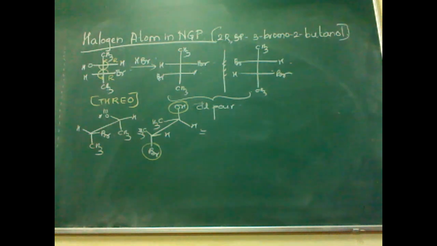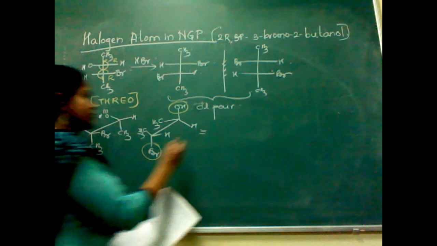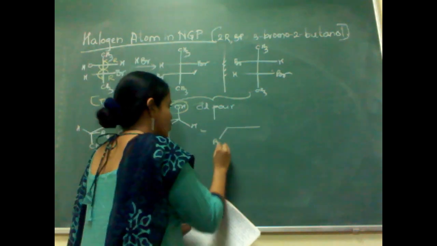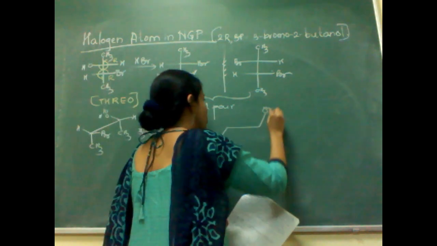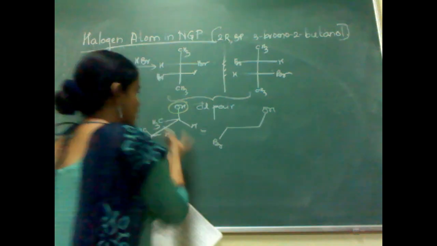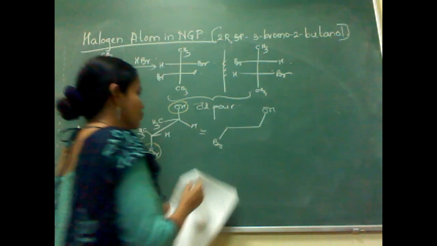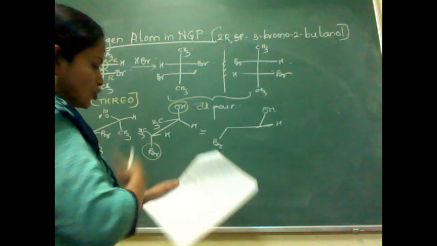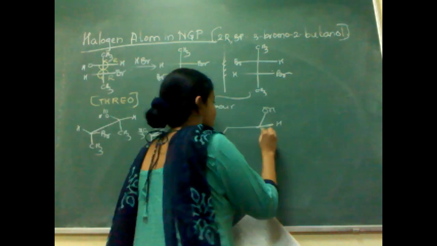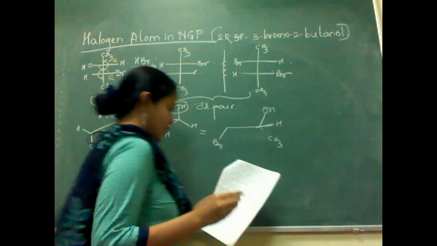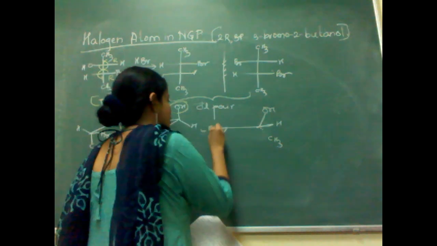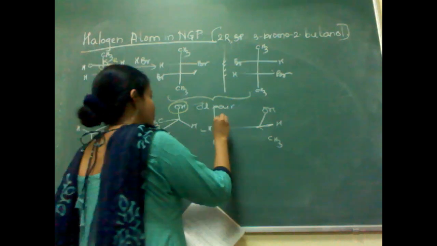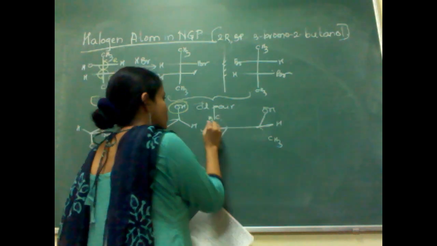So in this case you need to interconvert it. So the bromo group is going below the plane, the OH group is coming above the plane. So now when this is your viewpoint, hydrogen is coming towards the observer, and the methyl group is going away from the observer. So this hydrogen once again is beta, and this particular methyl group is going away from the observer.